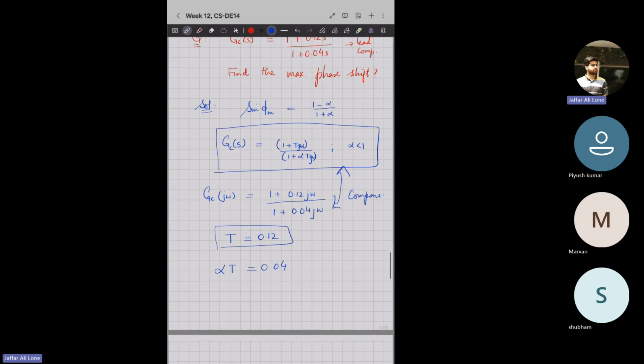But you know T is 0.12, so my alpha is 0.04 by 0.12. My alpha comes out to be 1/3. So I got my alpha as 1/3. I'm done. I can directly apply the formula.